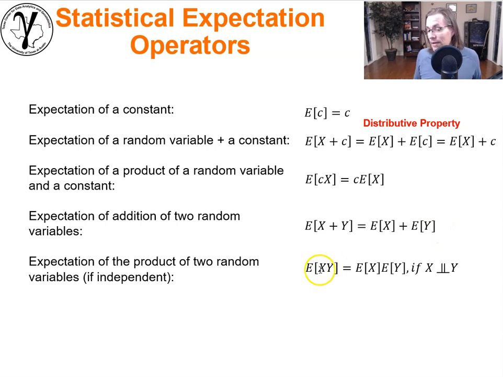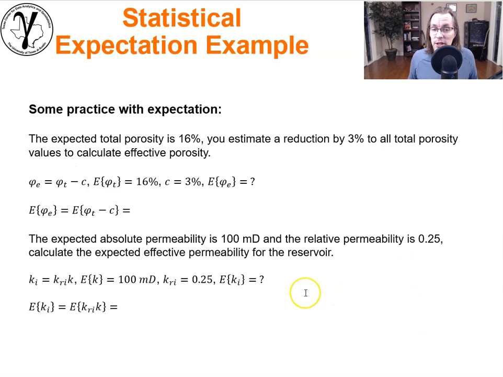The expectation of X times Y, note they're both random variables, if we assume independence between them, is equal to the expectation of X times the expectation of Y. Okay, so these are some basic operators with expectation that we can use to solve a wide range of problems.